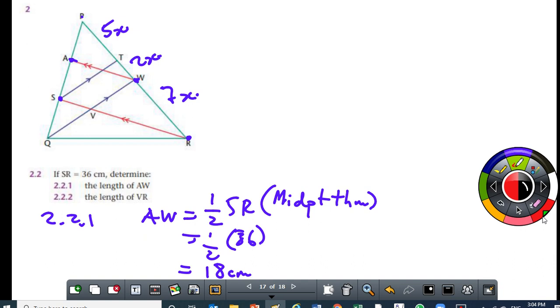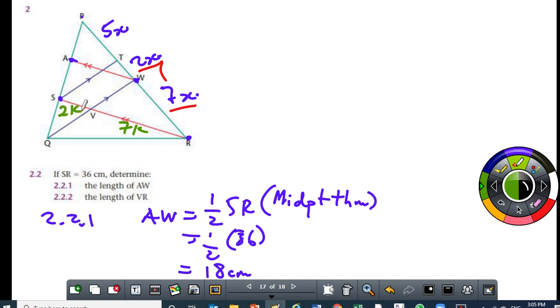Now, because I've got a new triangle, I can introduce another constant, which is not x and which is not y. So, based on this ratio, that 2x and that 7x, this VR I can call 7k, and that SV I can call 2k.